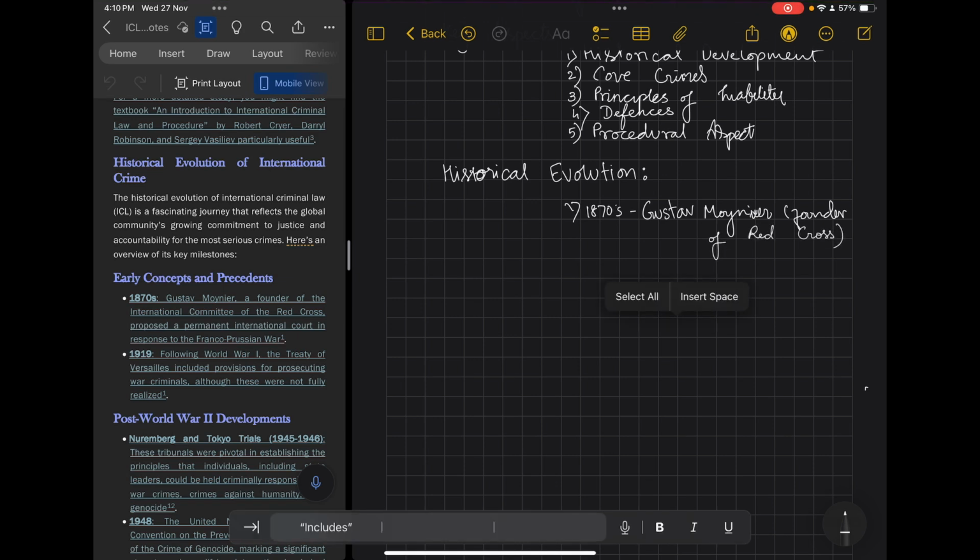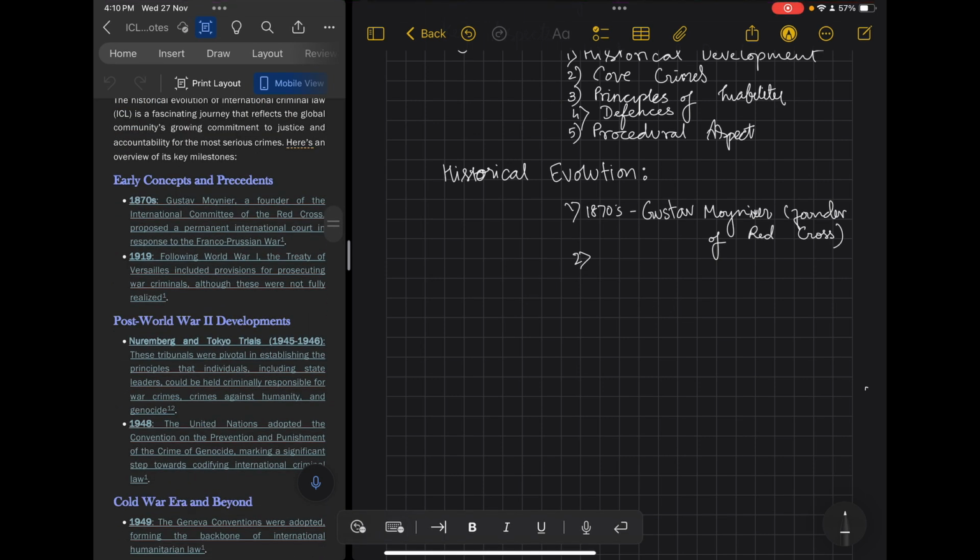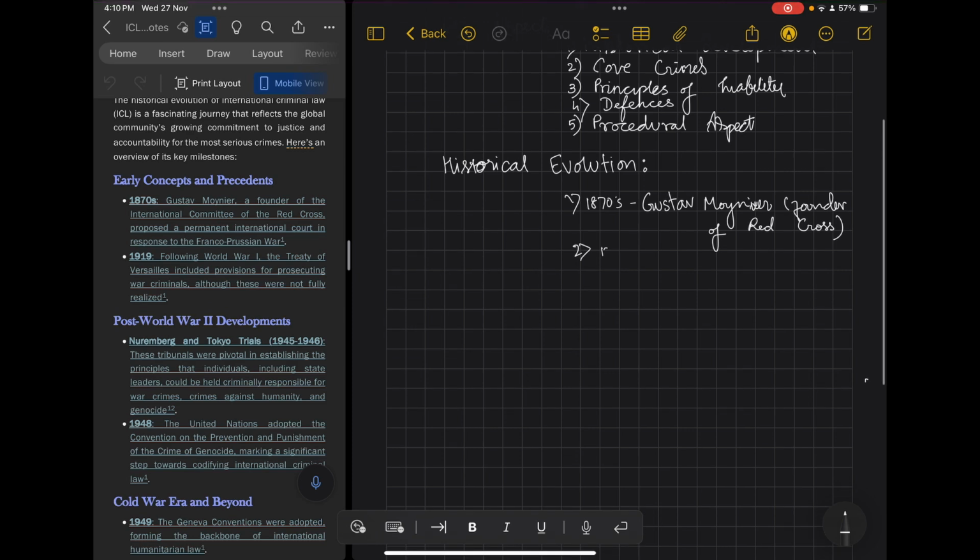Just in short, I'm writing. Second is the Treaty of Versailles, which happened in 1919.